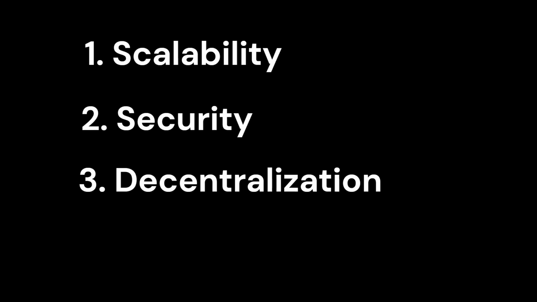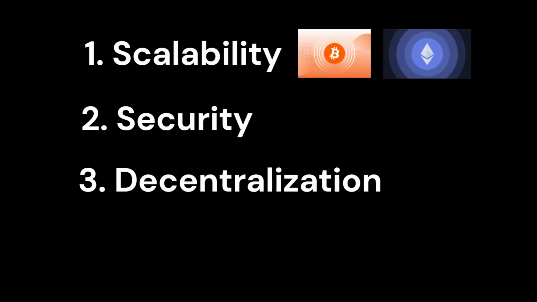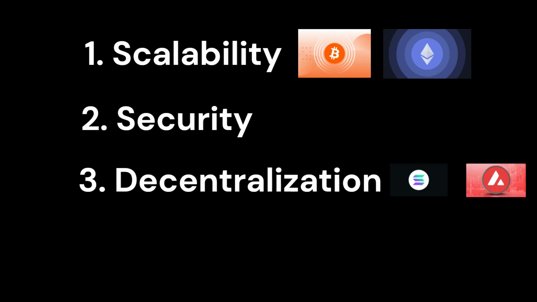So, for example, Bitcoin and Ethereum have the issue of scalability with a limited number of transactions per second. But they've got that security and decentralization because they've got so much proof of work happening. Solana and Avalanche have that scalability and security, but they're not decentralized because they don't have as many nodes or validators making sure that the transactions are moving correctly.